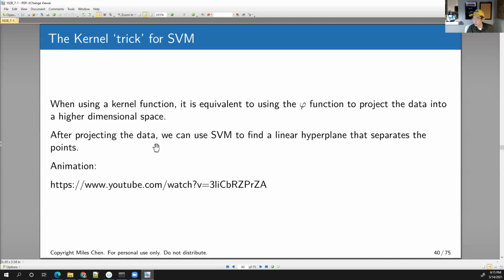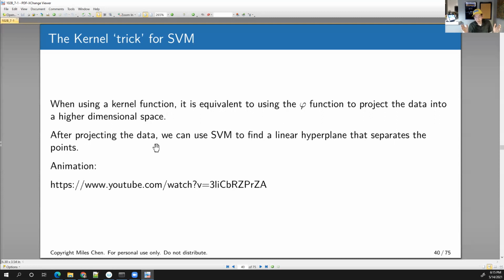All right. So why do we want to do this? Well, the reason is sometimes you'll have a set of points that, when they're plotted in 2D space or whatever current dimension they exist in, are not linearly separable, right? So far we've been talking about the maximum margin linear classifier, and you need to draw a straight line in order to separate the two classes. But a lot of times you have cases where they can't be separated linearly.